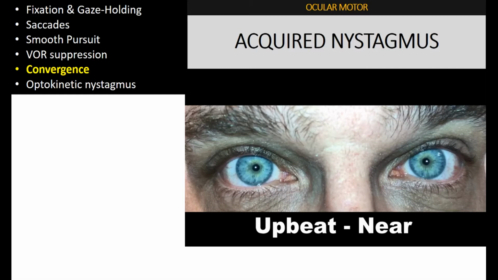These inputs for the TVOR are modulated by the nodulus. There's a lot of interconnectivity between the MVN, LVN, and the nodulus. And because the TVOR depends on orbital position and vergence, and because in Wernicke's encephalopathy the MVN is affected, that's thought to be the reason for why patients have this transition from upbeat to downbeat, for instance.